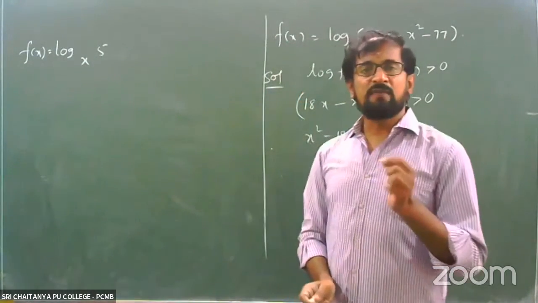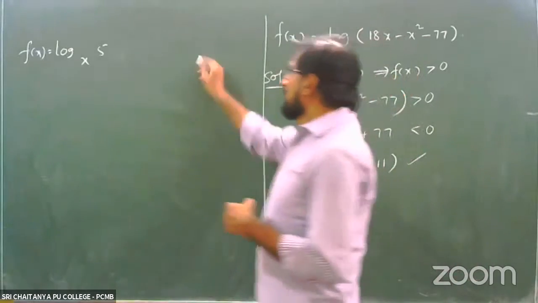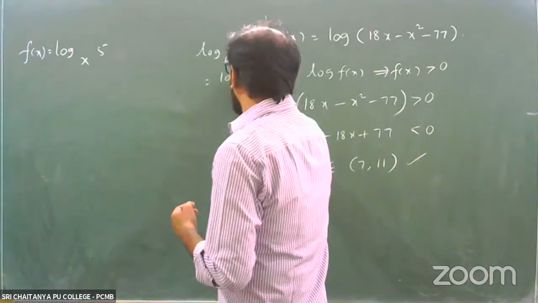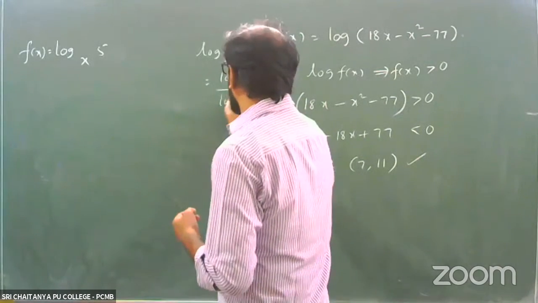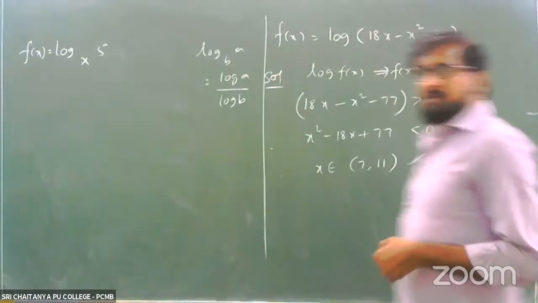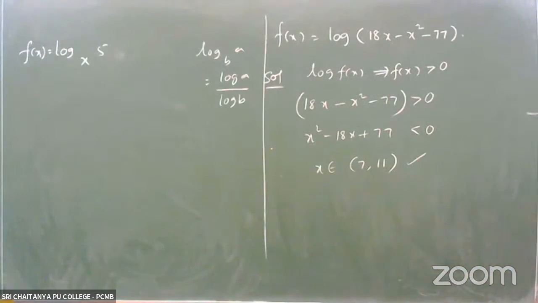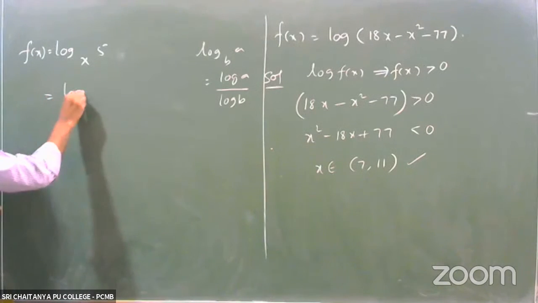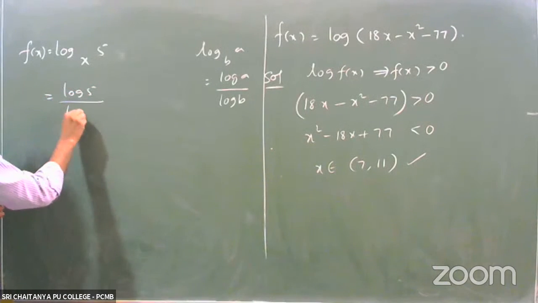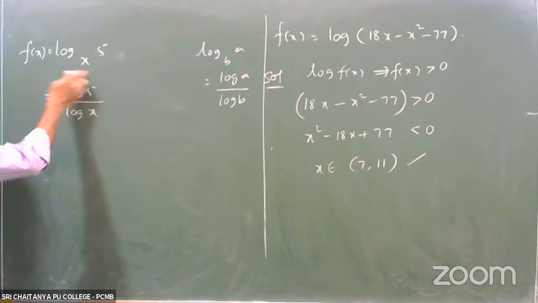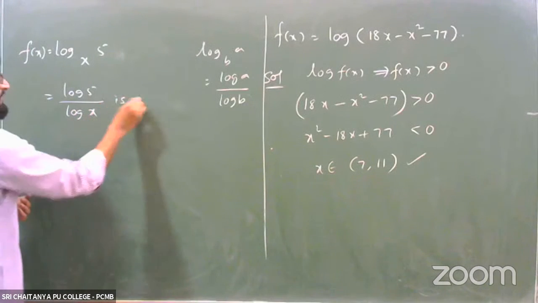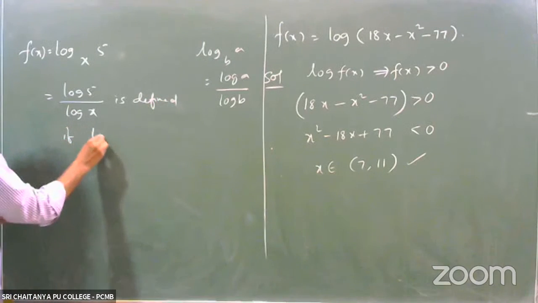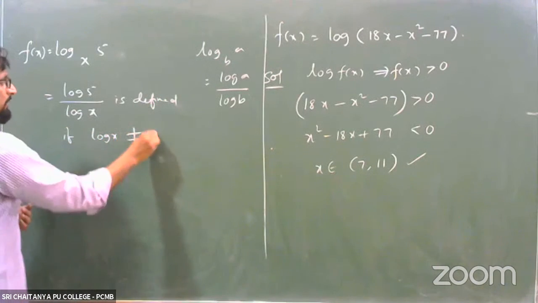We have one fundamental: log a base b can be written as log a upon log b. Similarly, log 5 base x can be written as log 5 upon log x. Right? This is defined if the log x value is not equal to 0.